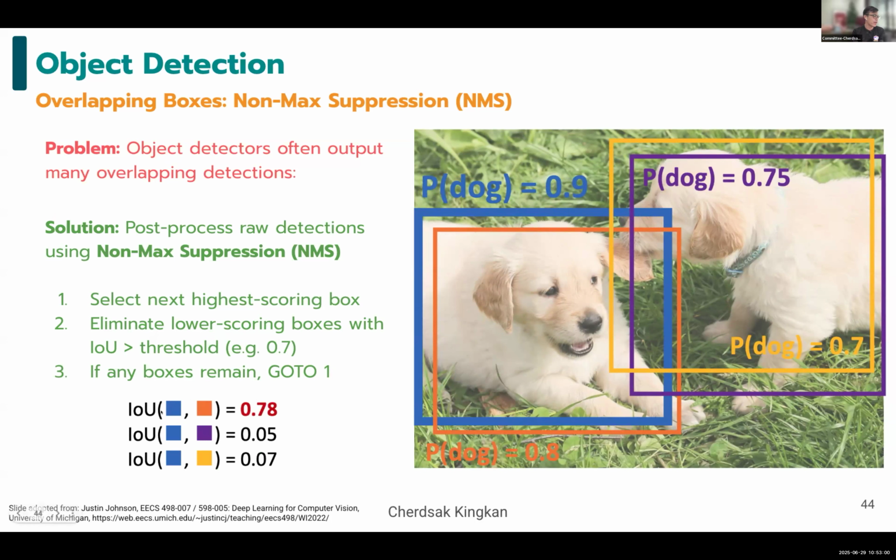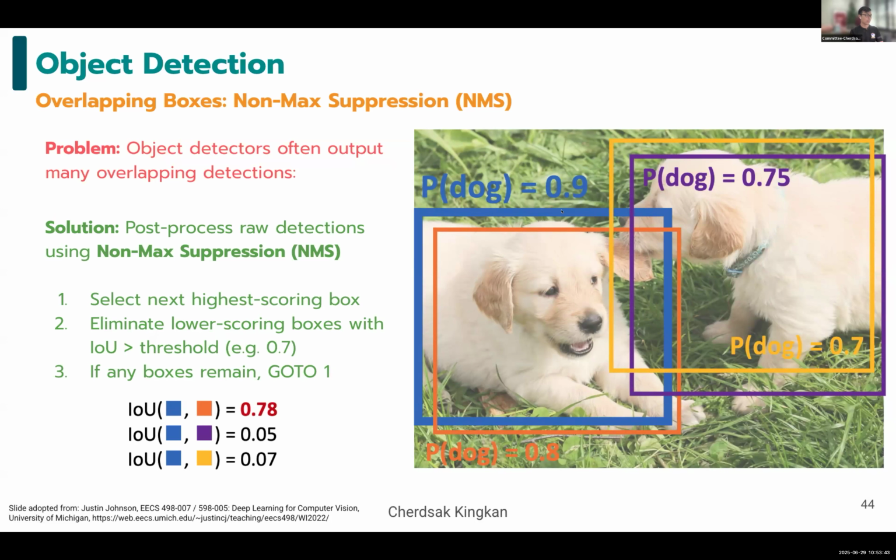For example, we find the IOU between blue and orange, between blue and purple, and between blue and yellow. We are going to eliminate the orange box over here because it has a high IOU with the blue region.